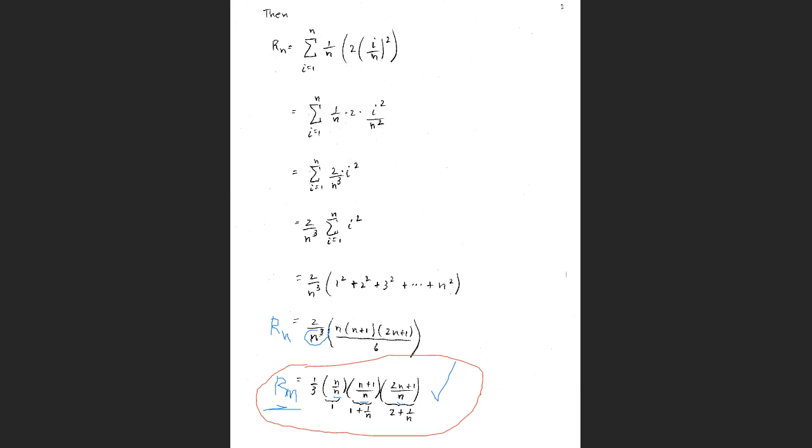If we did that, would we get the exact area under the graph? If we let the number of subintervals go to infinity, would the limit of our right endpoint approximation R sub n have to be equal to the exact area A under the curve from x equals 0 to x equals 1?